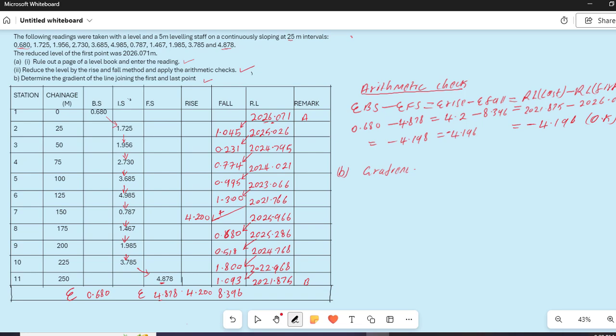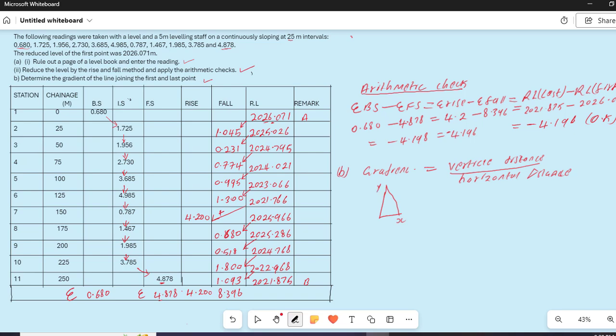So gradient is given by the vertical distance divided by the horizontal distance, as we usually do in mathematics. So this is y and this is x, so vertical distance y over x.